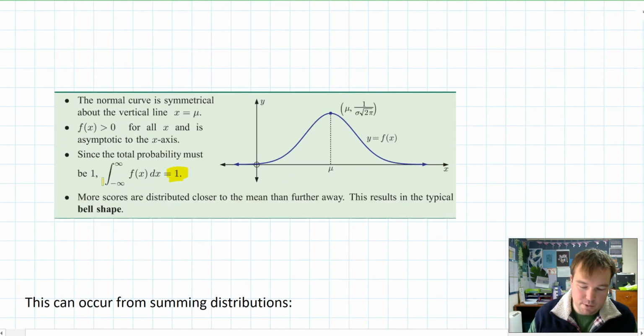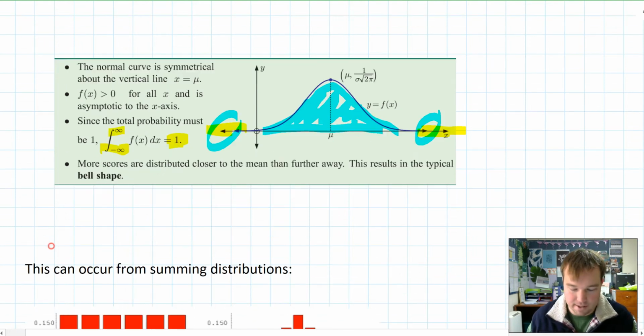Mathematically, it looks like this. Between negative infinity, all the way off here, and positive infinity, all the way off here, the area under must be 1. In reality, though, we don't have to go to positive or negative infinity to get that area. In reality, it's just a rounding error, or mathematically nice, that gives us that end area.